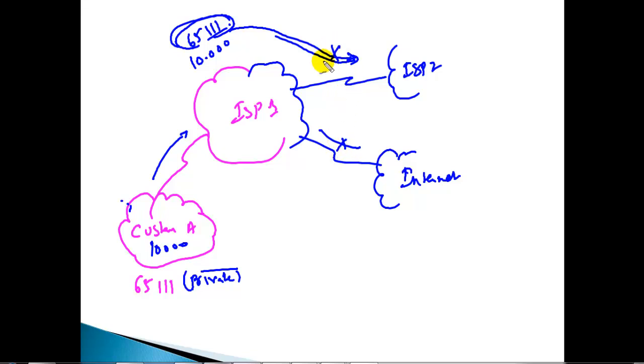Now how to do that? To implement this, we can configure on our ISP a command called remove private AS, pointing towards this neighbor. Whenever I configure the remove private AS command, it automatically removes the private autonomous system number present in that AS path information.